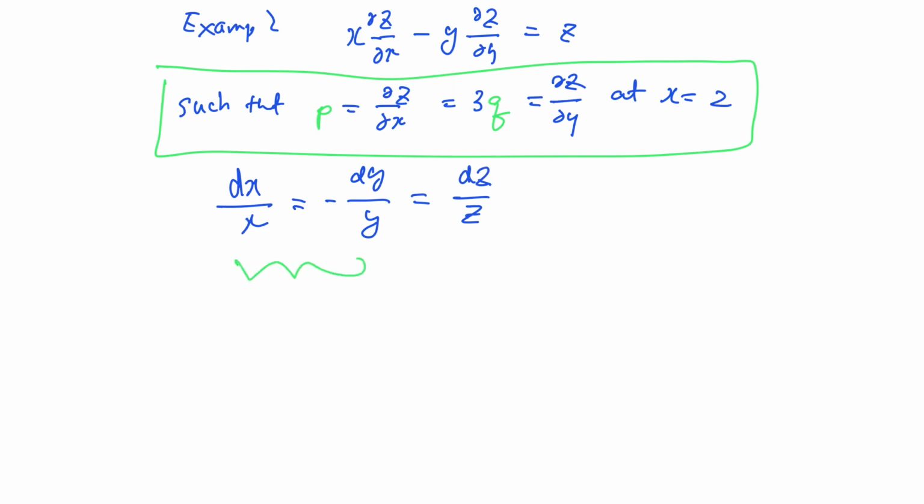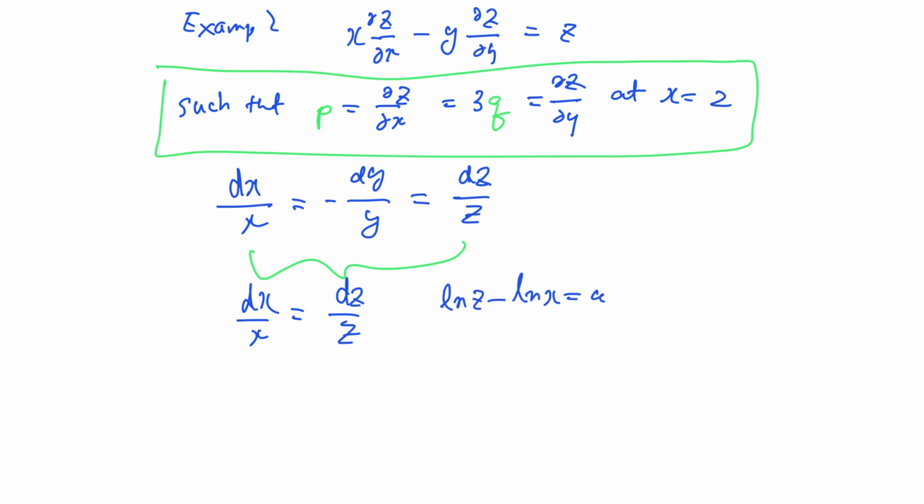So first condition, maybe we can start with this. dx over x is dz over z, or ln z minus ln x is constant.